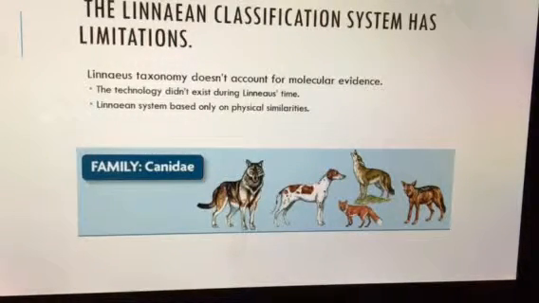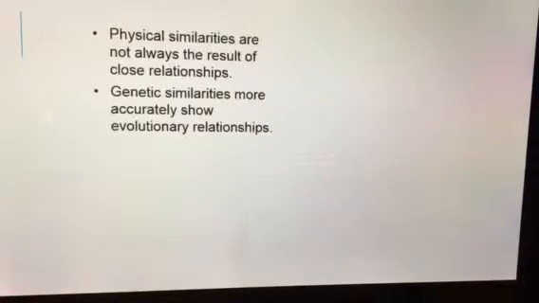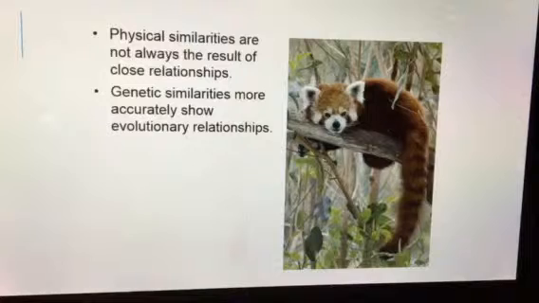If we look at the family below, this is all family of the canines. These are all examples of different types of canines, where in the Linnaean classification, we might not have had all of them in this family because they didn't have those same molecular techniques. Physical similarities are not always a result of close relationships. This looks kind of like a little fox, and it's actually a red panda.